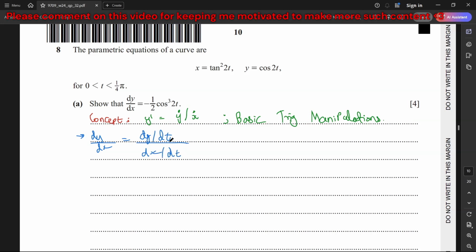If I'm considering t as time, then I can write it as y dot over x dot. But anyways, based on dy dt and dx dt, using the basic trigonometric manipulations, I will be able to get the dy dx. So first of all, my dy dt is what?